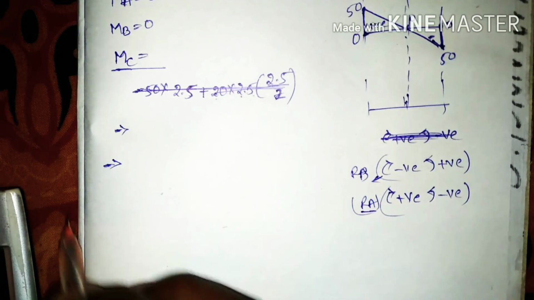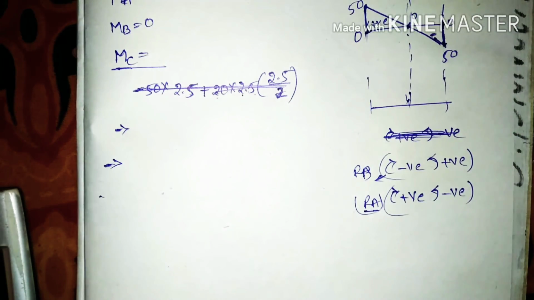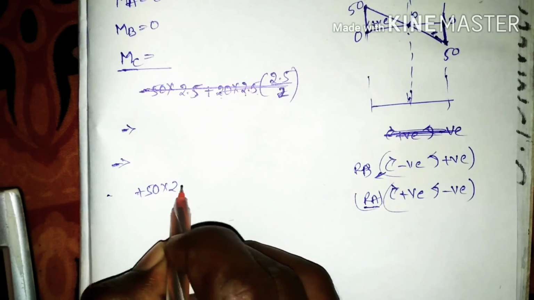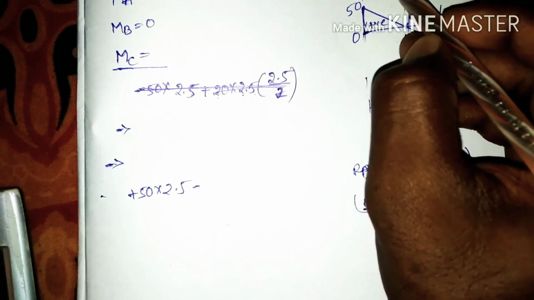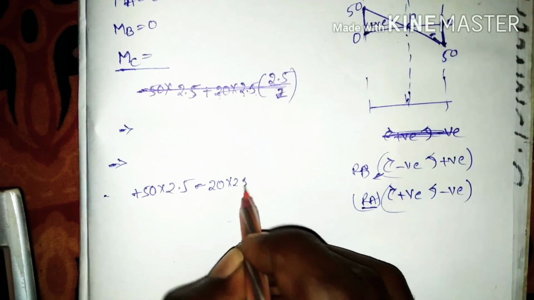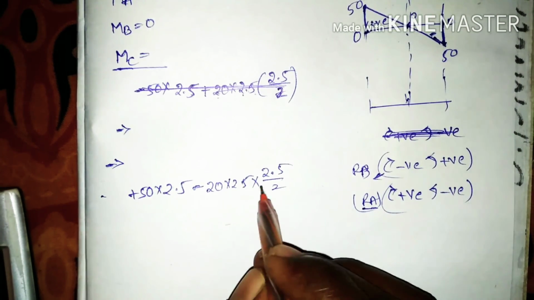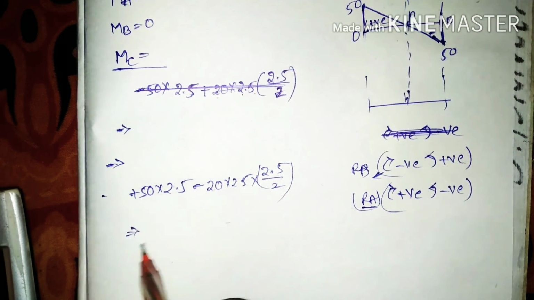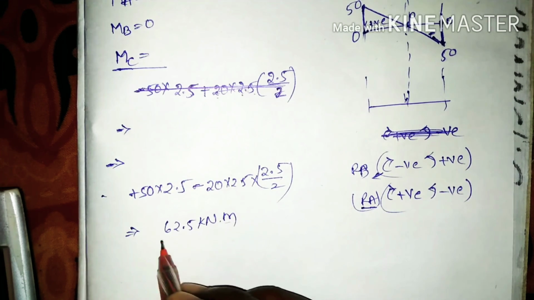If you consider taking from RA, this is moving in a clockwise direction, so taking positive 50 into 2.5, and this UDL is acting in the anti-clockwise direction, so negative, minus 20 into 2.5, and this is taking the moment from the midspan of this 2.5, so 2.5. The value will be 62.5 kilonewton meter.